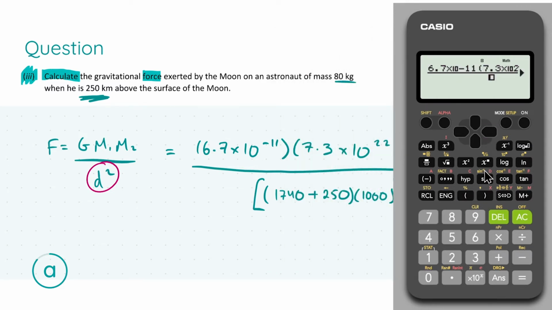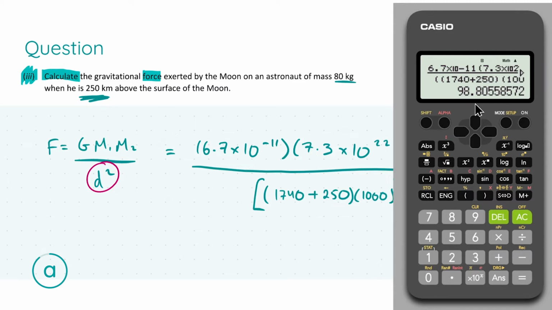On the bottom half we have d squared, so in here we have 1740, which is the radius of the moon, plus 250, multiplied by 1,000, then closing our brackets, we square that because it's d squared. Then we press equals, and we get our answer, which in this case is 98.8. As always, you can have slightly different answers here, and you might get something slightly different, but in this case 98.8 is correct.